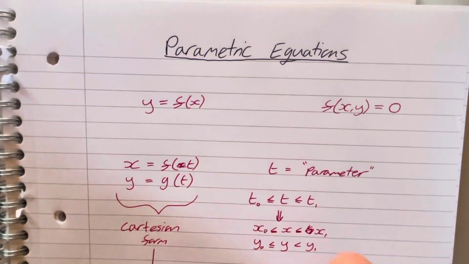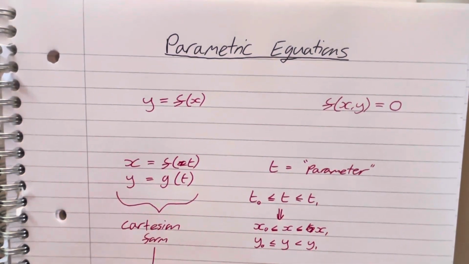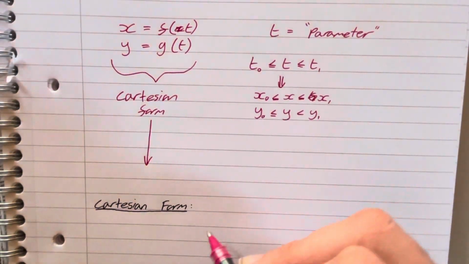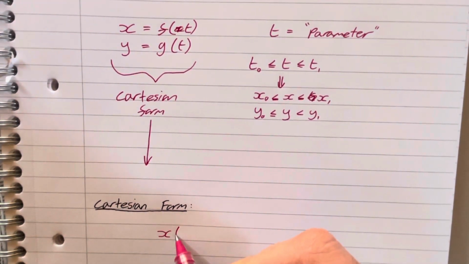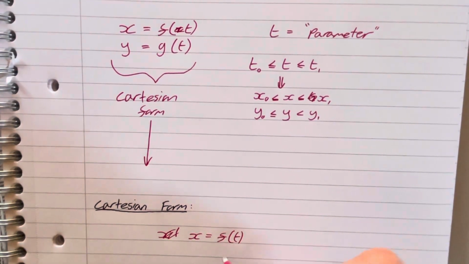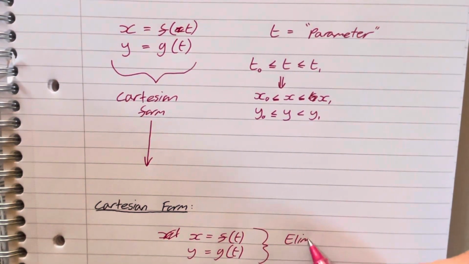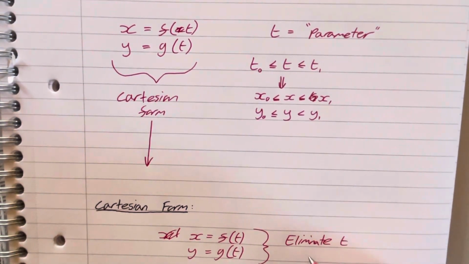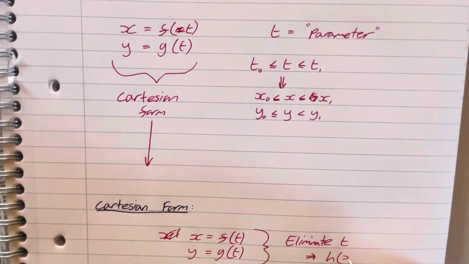We're going to move to Cartesian form, and what that actually means is we're just going to eliminate t. We get our x as a function of t, and our y as the other function of t, and we eliminate the parameter.